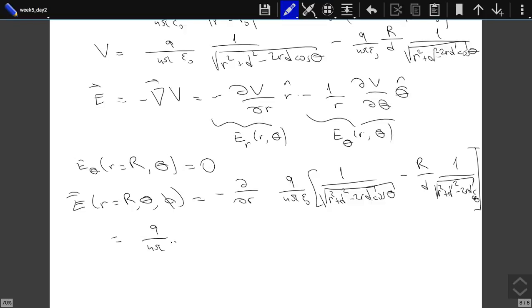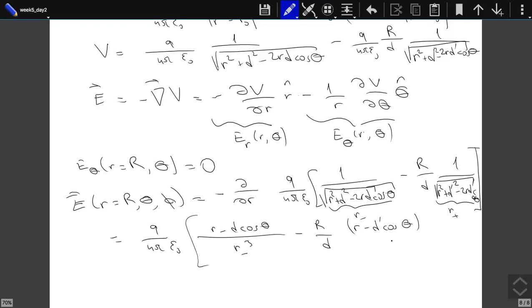This is q over 4 pi epsilon 0, r minus d cosine theta, divided by, let me call this one r minus and this one r plus, r minus cubed, minus R over d, r minus d prime cosine theta, divided by r plus cubed.